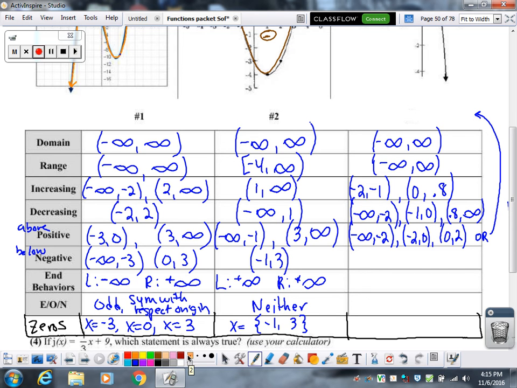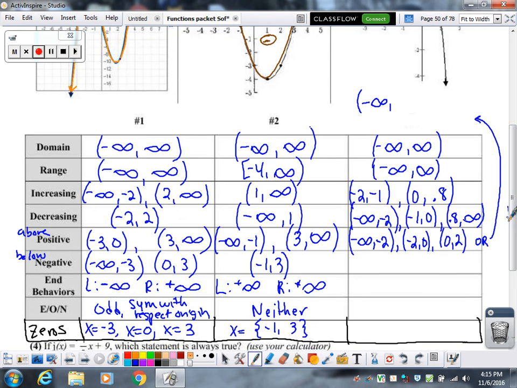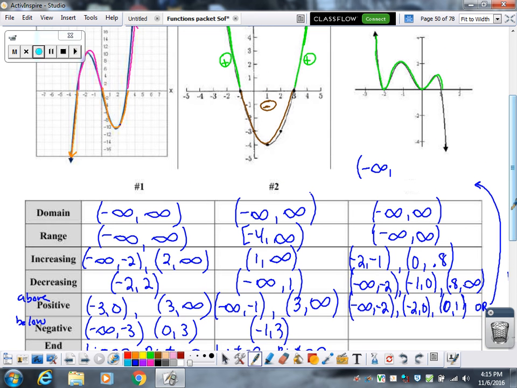Or we can say that it is positive from -infinity all the way up to 1, and that should be a 1. Sorry, let me fix that. This should be a 1. So it's positive from -infinity all the way up to 1, comma, however, but not at -2, 0, or 1.